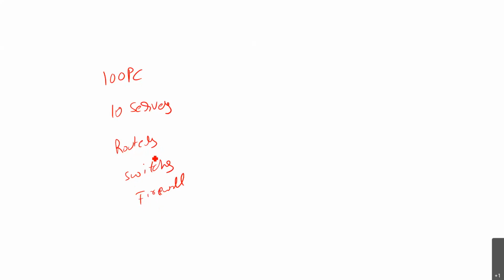Now, when you have this many different kinds of devices, is it really possible for an administrator to go to each and every device and monitor the logs? As you say, it's not really possible. It's impossible for an administrator to go to each and every device and monitor the logs.